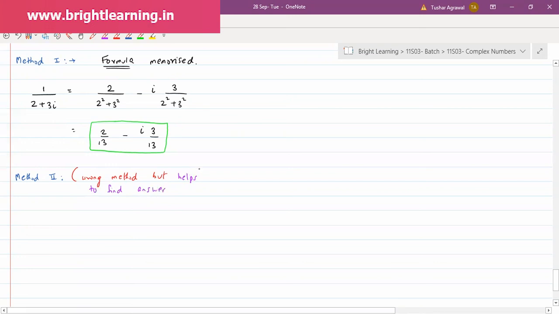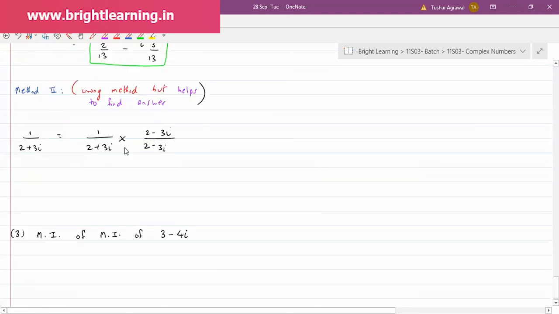So 1 upon 2 plus 3i is equal to 1 upon 2 plus 3i multiplied by 2 minus 3i, something similar to rationalization of surds. Here it is not called rationalization, but something similar. So 2 minus 3i upon the denominator 2 square plus 3 square. So it will be 2 upon 13 minus i times 3 upon 13, which will be the answer.